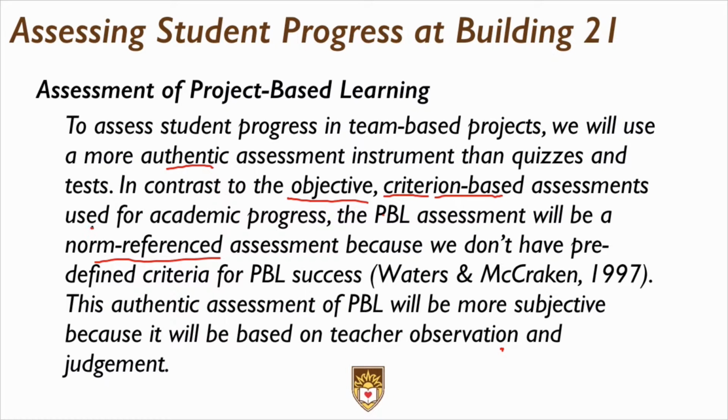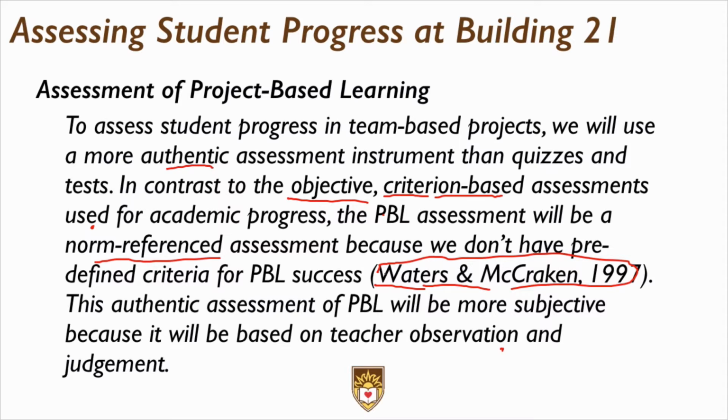And notice that I have this little part that shows where I got this information. So Waters and McCracken wrote a paper in 1997 on norm referenced assessments in project-based learning. So that's where I got this information, and this is how I cite it.